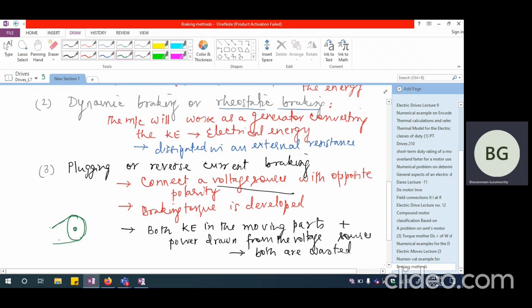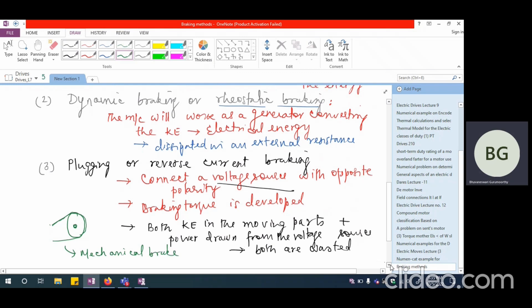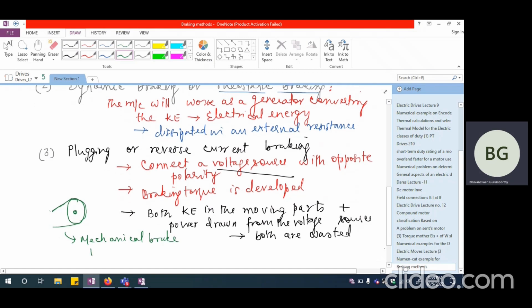Physically you are putting an impediment by putting a belt and holding it tight. So mechanical brakes will always stop the machine with the help of some friction. Definitely there is going to be a huge amount of heat generated, and there is going to be wastage of energy.